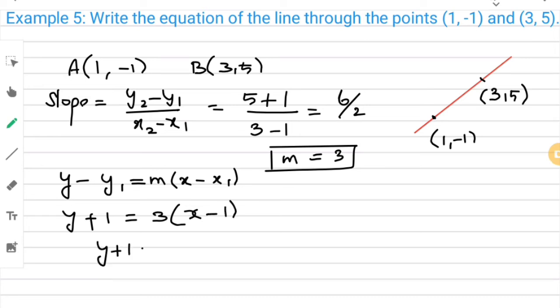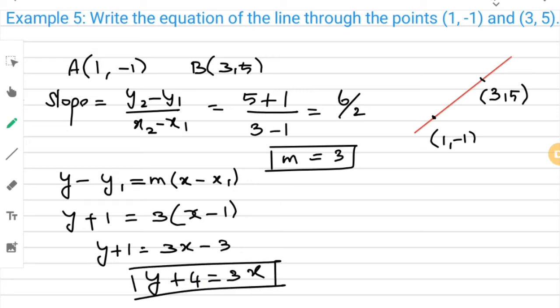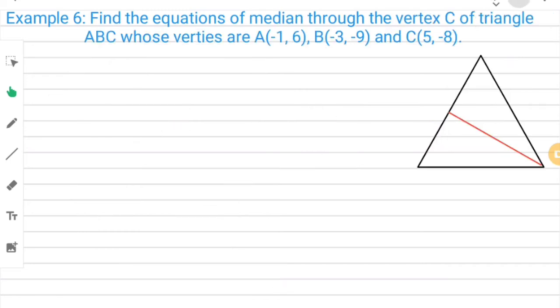Y plus 1 is equal to 3x minus 3. Now on further simplification we will get y plus 4 is equal to 3x. And this one is the equation of the line passing through the points 1 comma minus 1 and 3 comma 5.